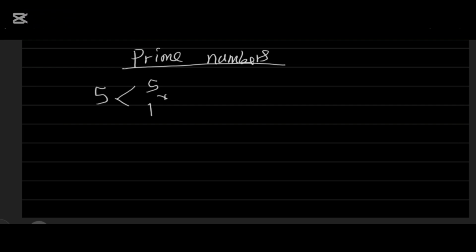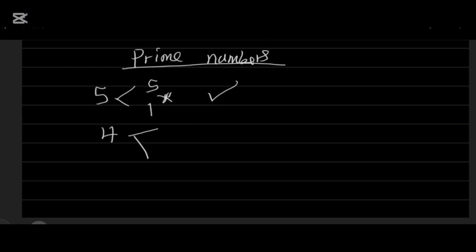Let's say you say 2.5 times 2. So 2.5 is not a whole number, which means there are no whole numbers that you can multiply to get 5 other than 5 and 1. And this condition makes 5 what? A prime number.